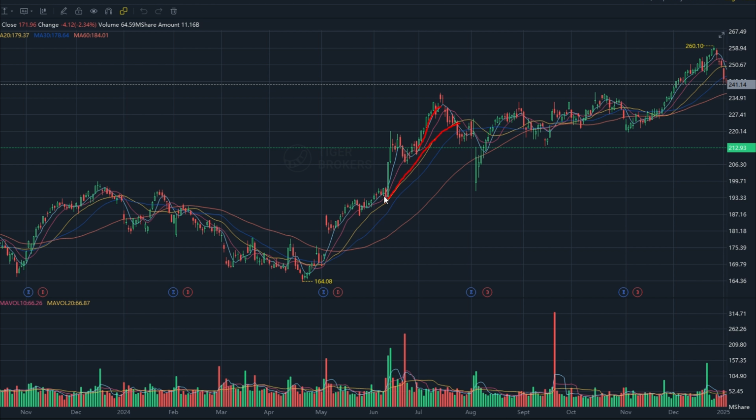So when the price returns to this level, it tends to find support. As long as the swing trend line holds, the uptrend can continue. But once the 20-day moving average is broken, it signals that this wave of bullish momentum has ended. At that point, we need to exit either by cutting losses or locking in profits, right?